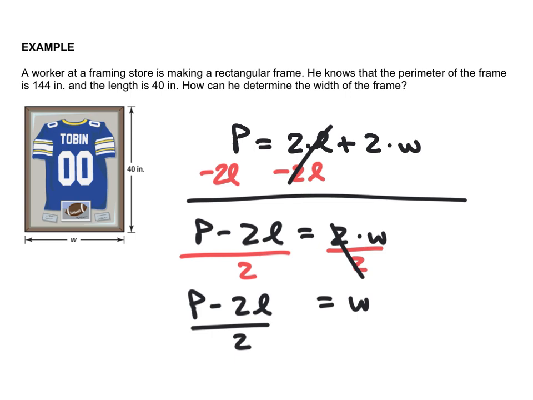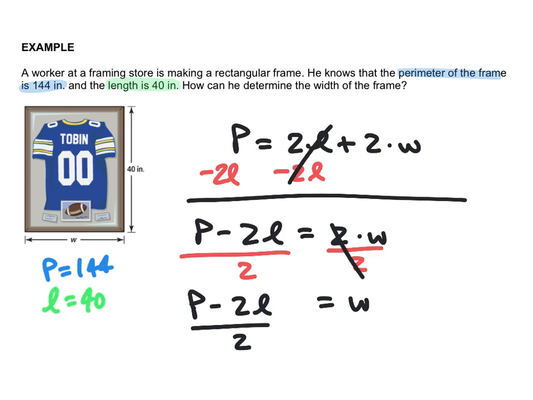Now, here's the thing. We know that the perimeter of the frame is 144 inches. We also know that the length is 40. So I can say that the perimeter is equal to 144, and the length is equal to 40.